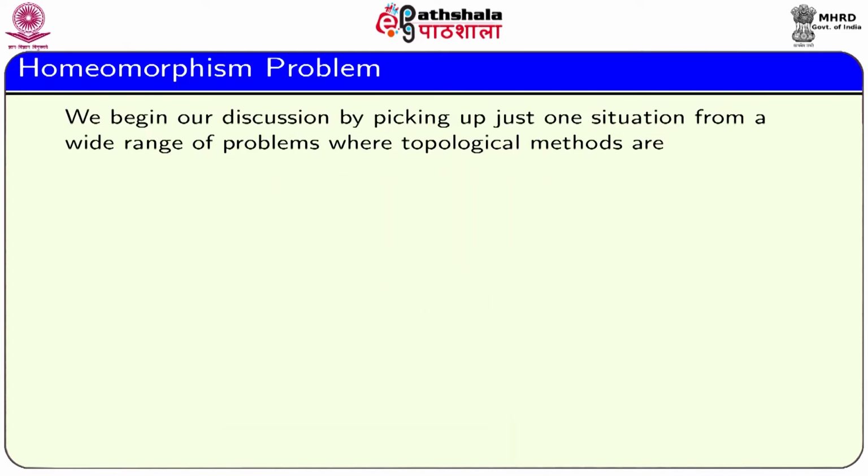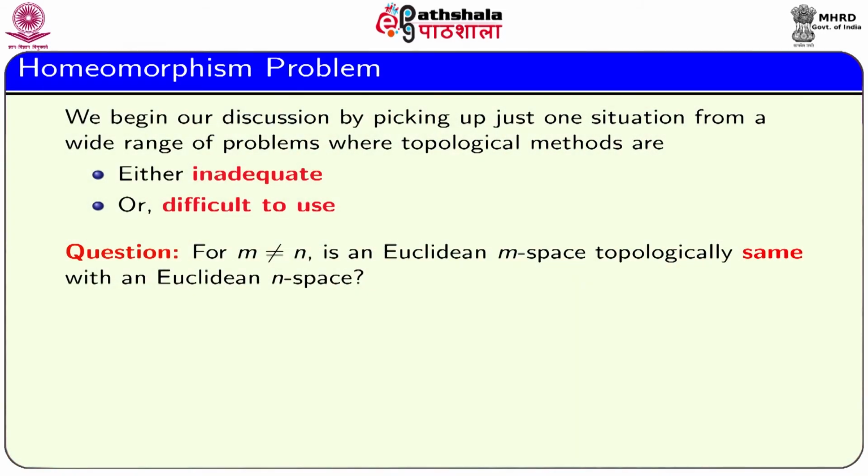We begin our discussion by picking up just one situation from a wide range of problems where topological methods are either inadequate or difficult to use. Let us take a very fundamental question. For m not equal to n, is a Euclidean m-space topologically the same as a Euclidean n-space?